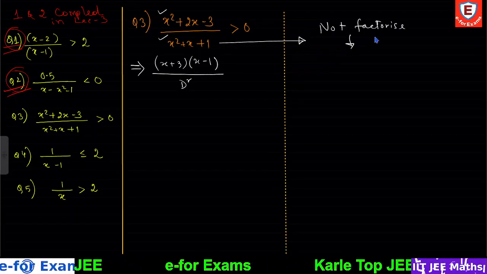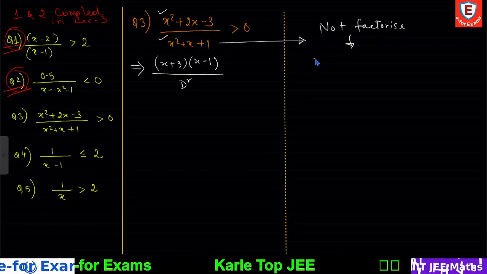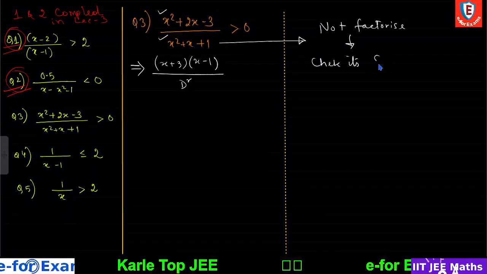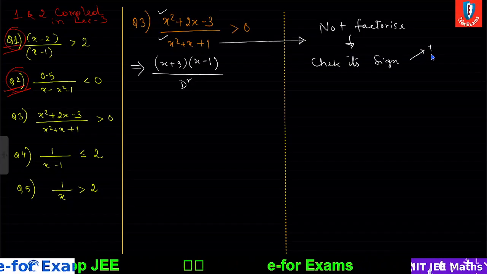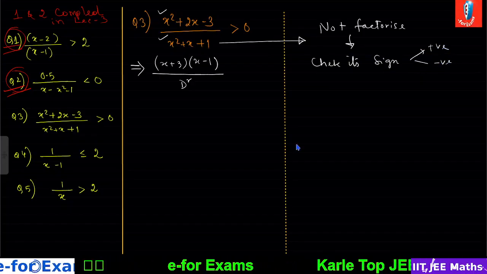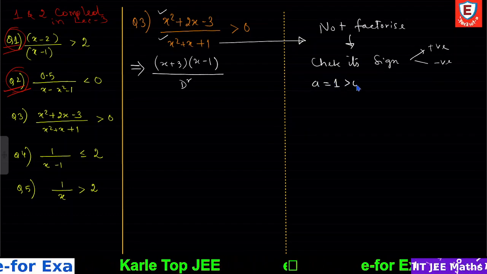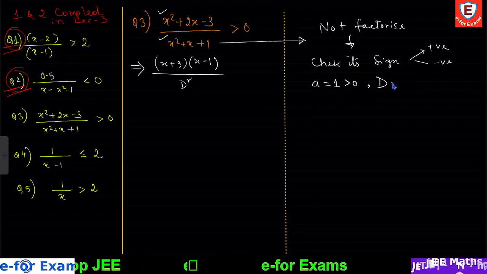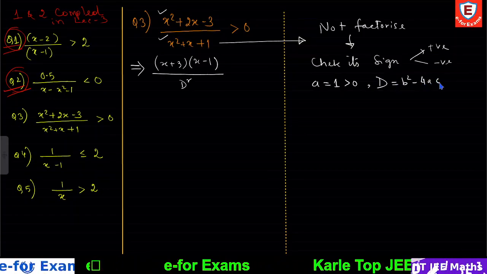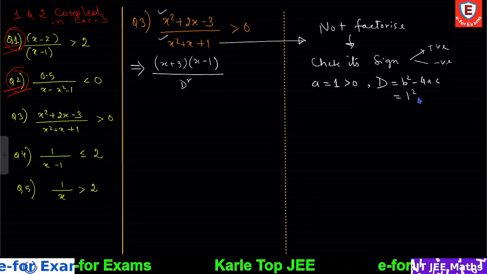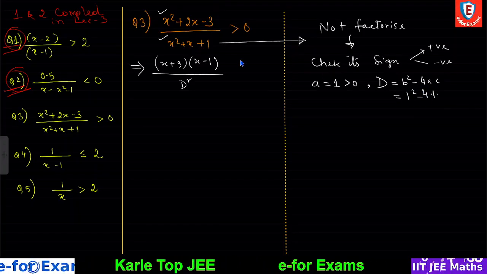So if a function is not factorizable, then check its sign, positive or negative. How do we check? Check A. What is A here? A here is 1, which is greater than 0. And D, discriminant, equal to B square minus 4AC, right? So check it. B means 1 square, minus 4 into A is 1, C is here 1.